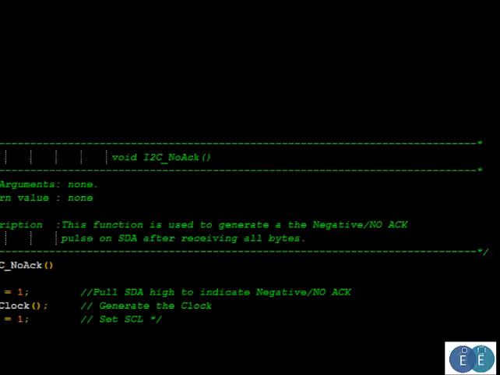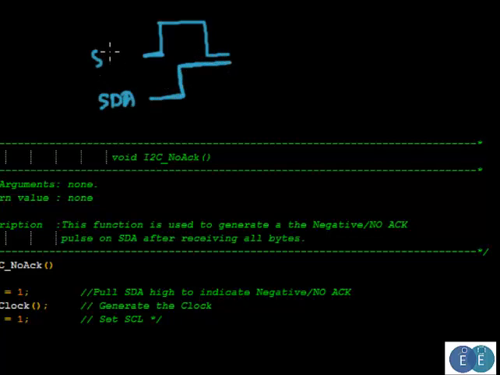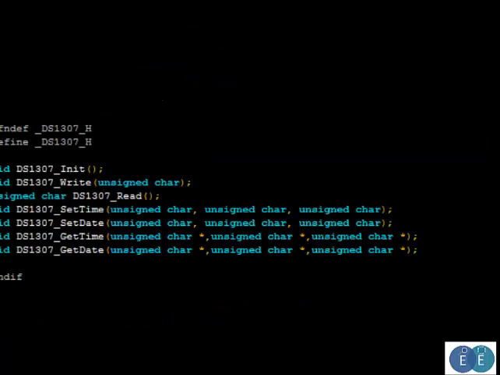Similarly, for a negative acknowledgement, when the clock is high and we make the data line high, it generates a negative acknowledgement, or it is called no ACK.